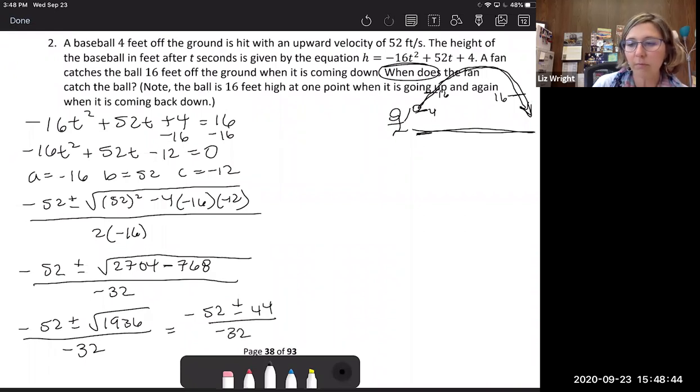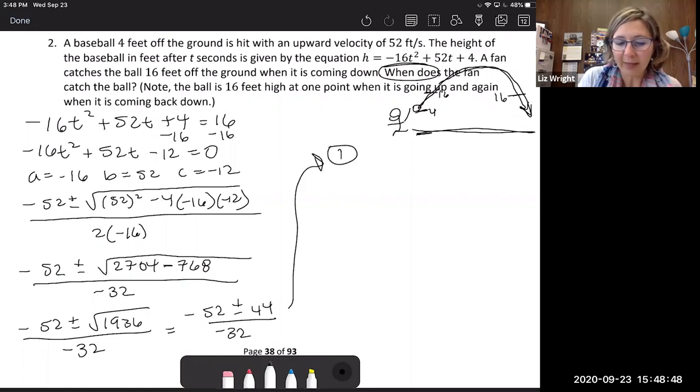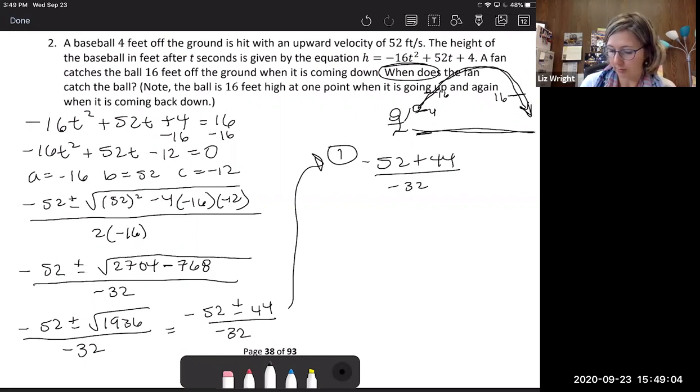All right, I'm going to move to the top over here. So one of my answers is going to be negative 52 plus 44 all over negative 32. I'm just going to punch that into my calculator. So plus 44 should give us negative 8, divided by our negative 32.